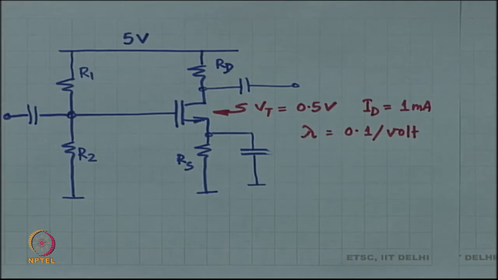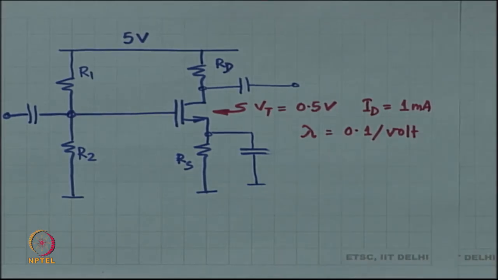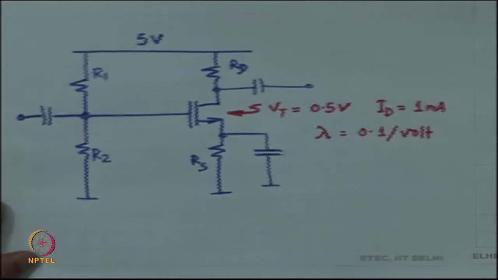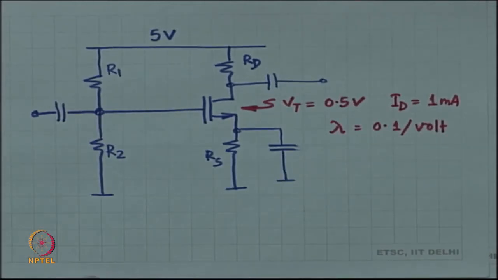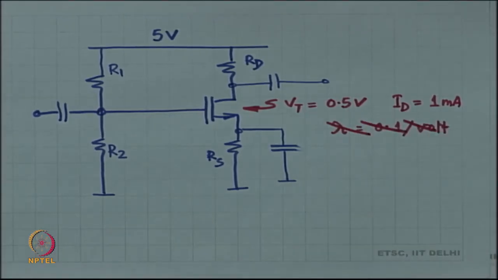So, if you know K, then all of this is sufficient to give you information about GM. Okay. But which is the piece of information that gives you RDS or GDS? It is going to be lambda. Lambda will tell you a little bit about the value of RDS. So, with the help of lambda you can find out RDS. Okay. Let us forget lambda for now. Let us say RDS is infinite for this particular MOSFET, forget it.